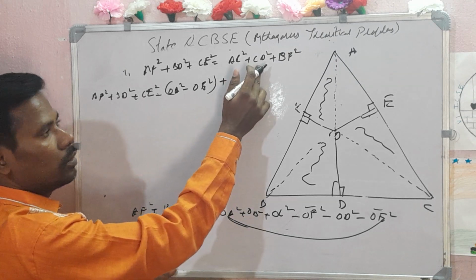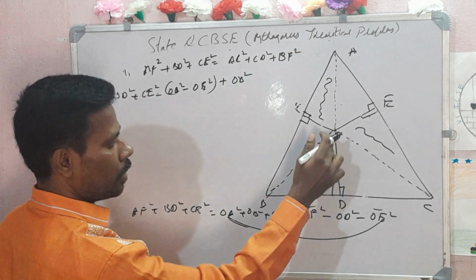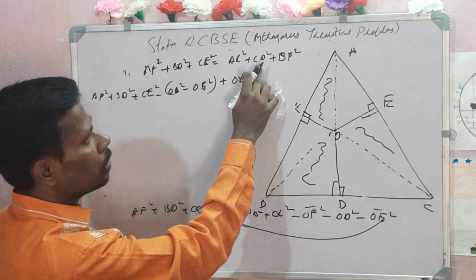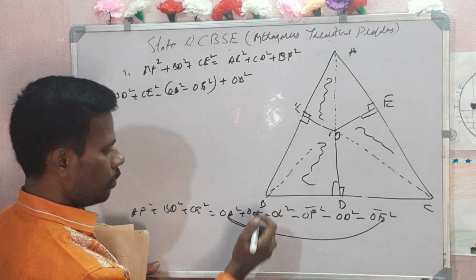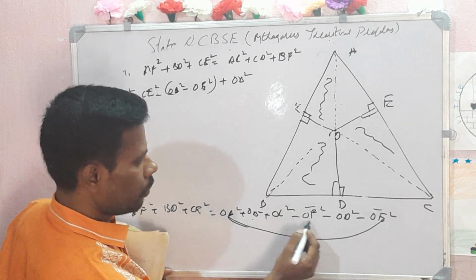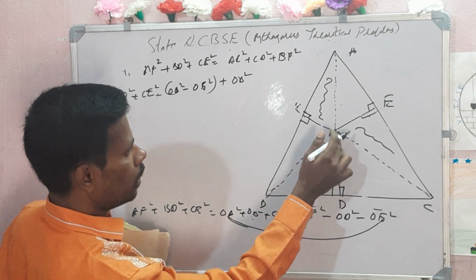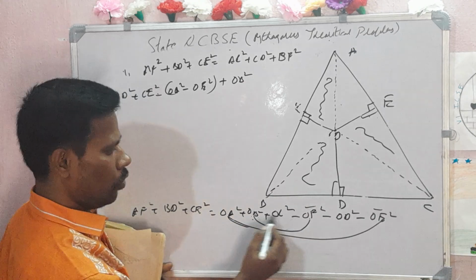Next, come to this part, OB square. CD square is given. So OB square is there, and you group OB and OF.